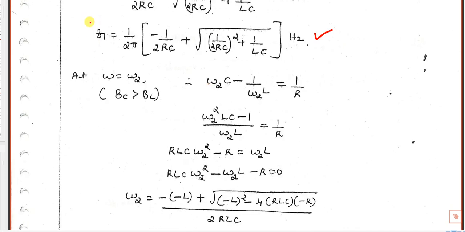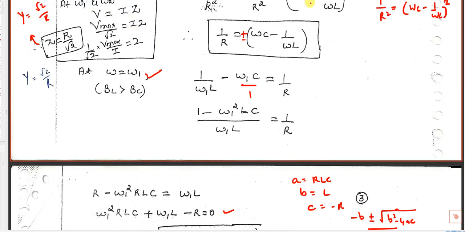Similarly, at omega equal to omega 2. So here we consider this is minus, so this becomes plus. So this one minus this one.